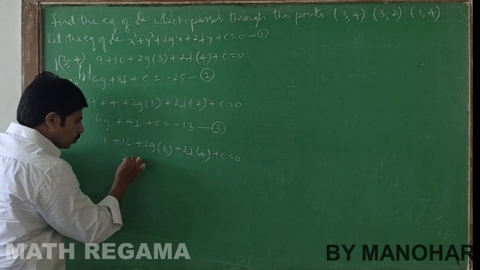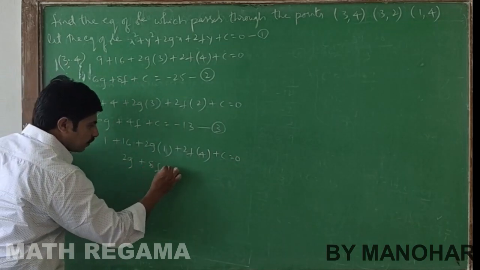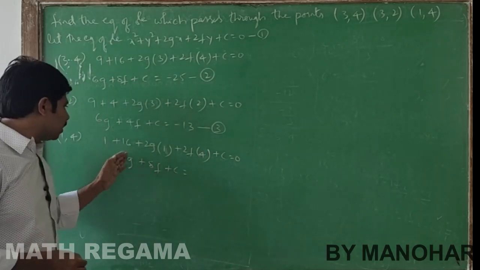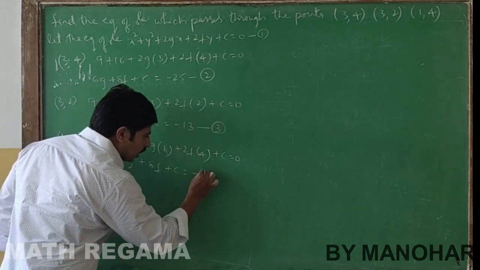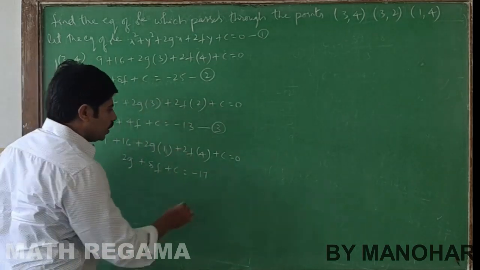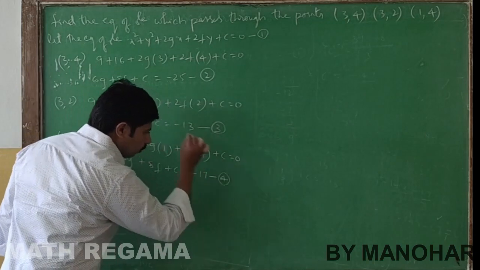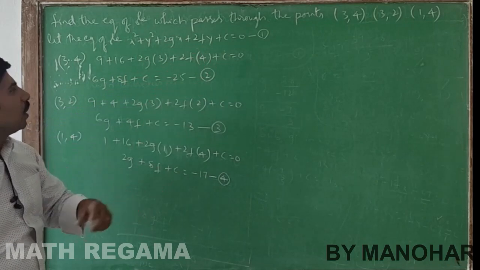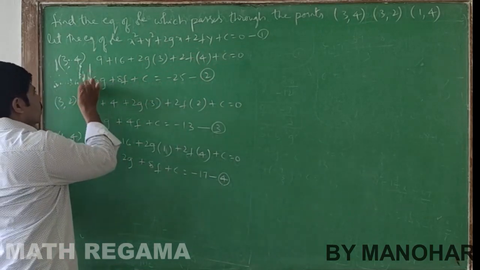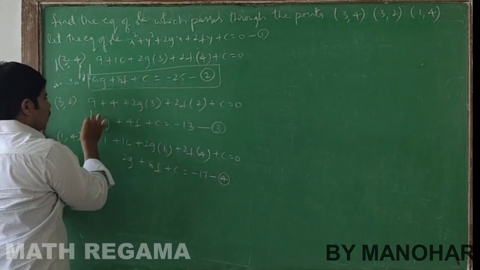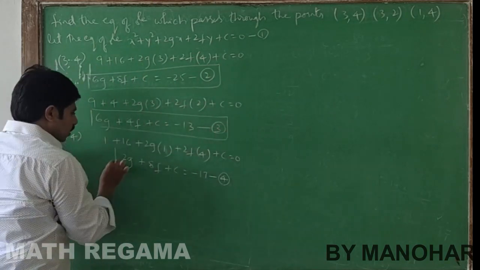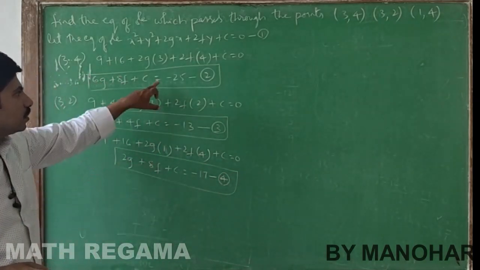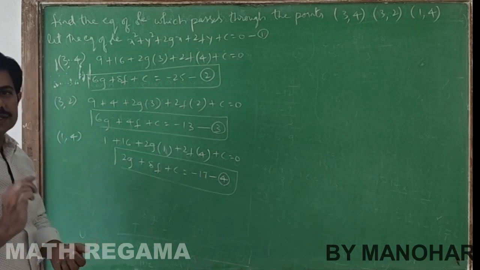So we get 2g plus 8f plus c is equal to 16 plus 1 is 17. Transpose on the other side will become minus 17. This is equation 4. So using those 3 points 3 comma 4, 3 comma 2, 1 comma 4, we got equation 2, equation 3, equation 4. Now, by solving these 3 equations, we get g, f and c.